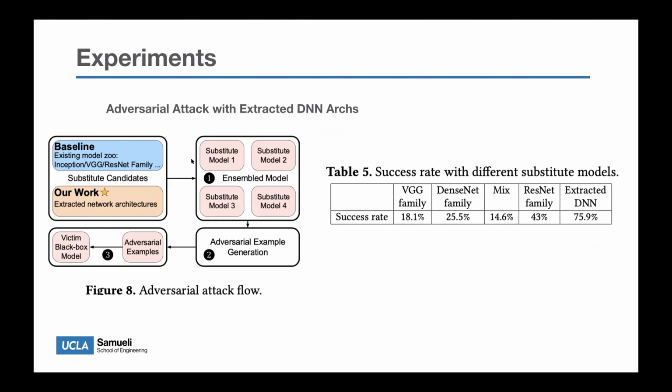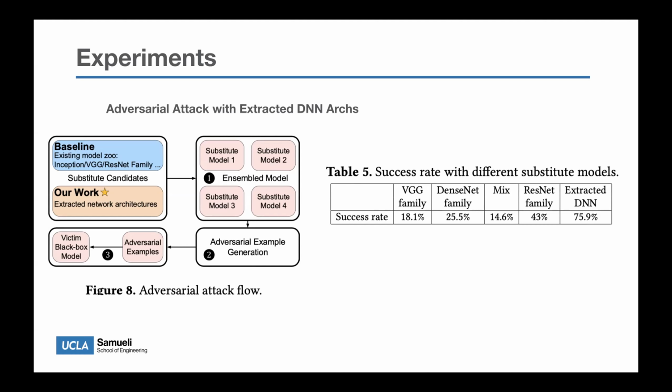Finally, they discuss one application, which is the adversarial attack, where they just consider a black box attack, where they have a victim model, and they also have a substitute model to generate the adversarial sample, so that the adversarial sample can be transferred to the victim model.